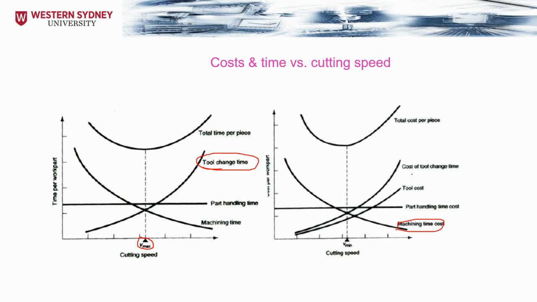Also the cost of the tool changing time is increased because the tool changing time is increased, and thus this cost increases accordingly. So you can see that we are going to have the optimum value at the bottom of this curve, which gives me the lowest cost of the machining with the best velocity we are going to achieve.